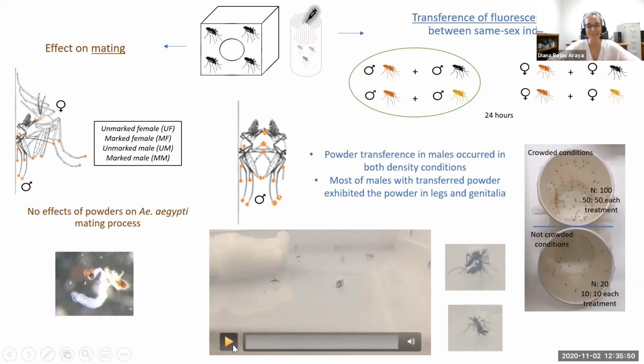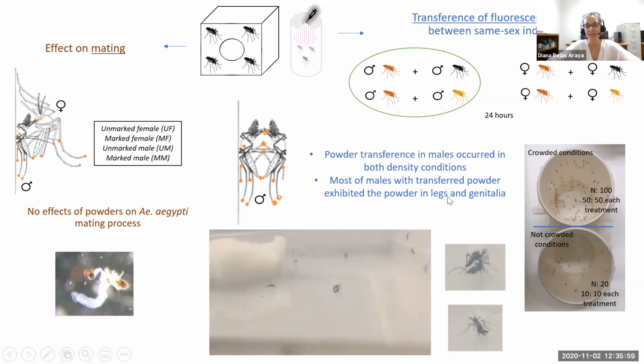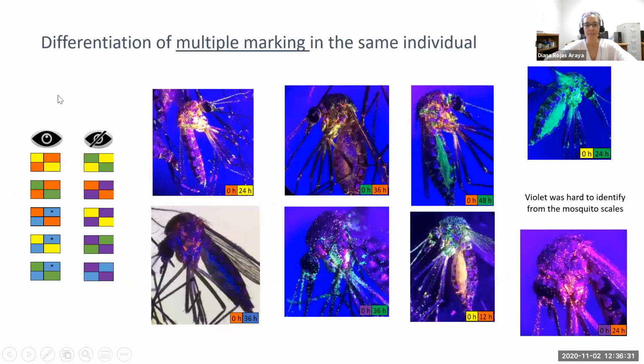We were able to record this video in which both are males. As you can see in the video, they are having interactions similar to the ones that a male has with a female. Those interactions were very similar to the places where we saw the transference of the marker from male to male. It was the same places that we found from male to female when they are copulating, and it was independent of density. It was more like a behavior transference.